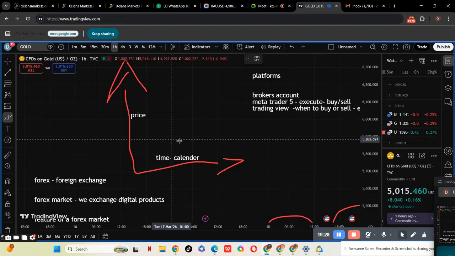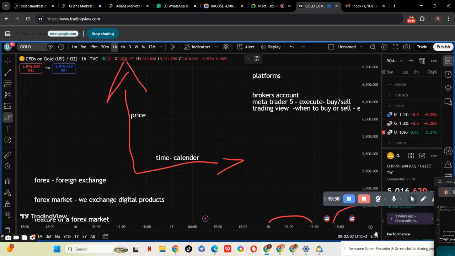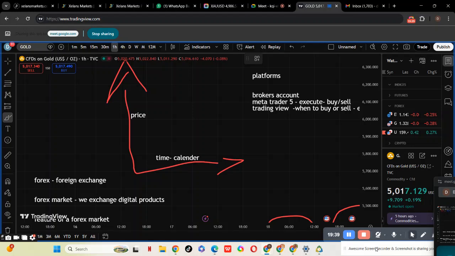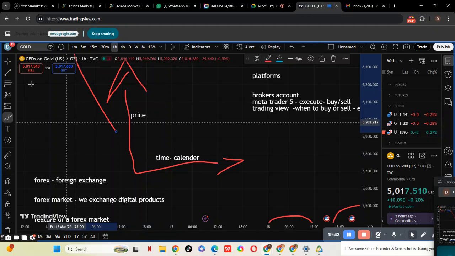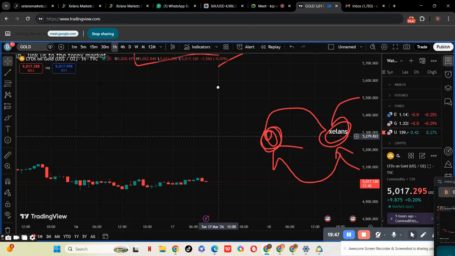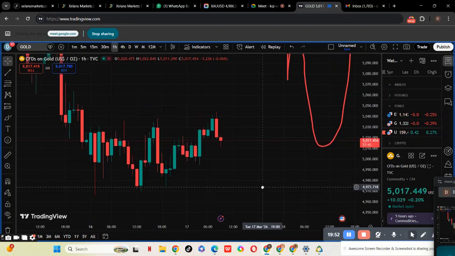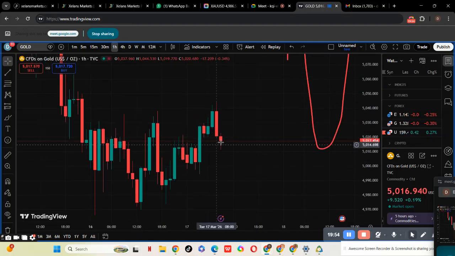So if you want to check the price of gold, what's the time right now? It's 9:02. Let's check the price of gold right now. You place your mouse here.